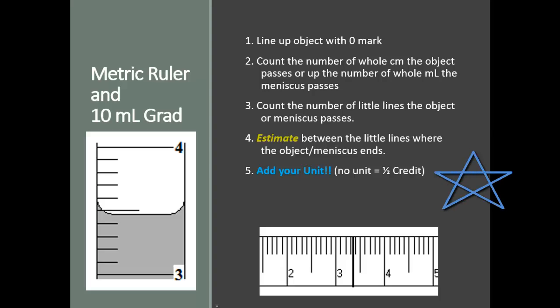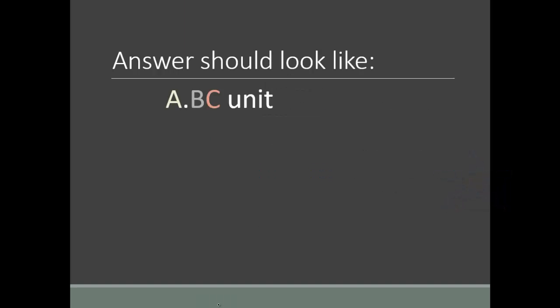This is important. If you do not have your unit, you can only get half credit. A number is just a number if it does not have a unit. So you must have a unit. If you are using the ruler, our unit will be centimeters. If we are using a grad, our unit will be milliliters.